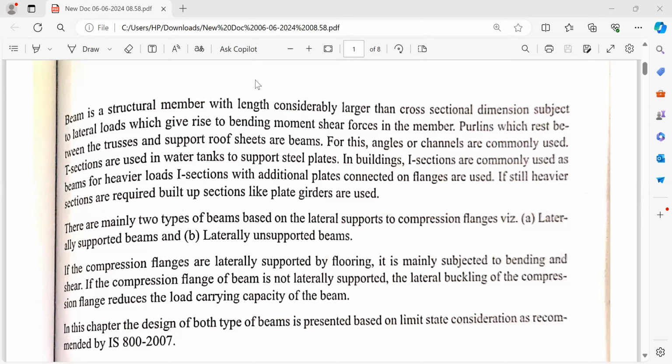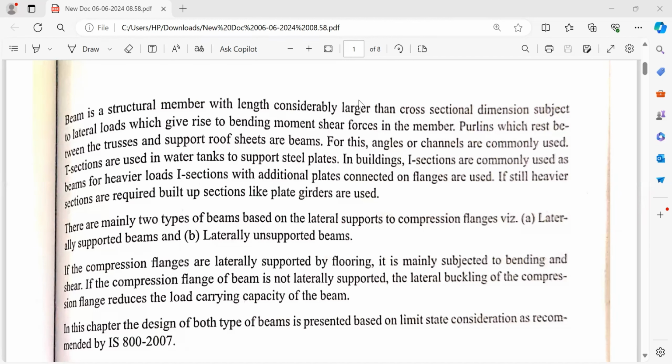So in your syllabus, you have only laterally supported beams. What is the difference between laterally supported and laterally unsupported? Suppose you provide an I section, a rolled steel section, as a beam, so it will be subjected to vertical loading. And if you consider a roof slab, the roof slab will prevent the tilting of that I section, so that its load carrying capacity will be more.